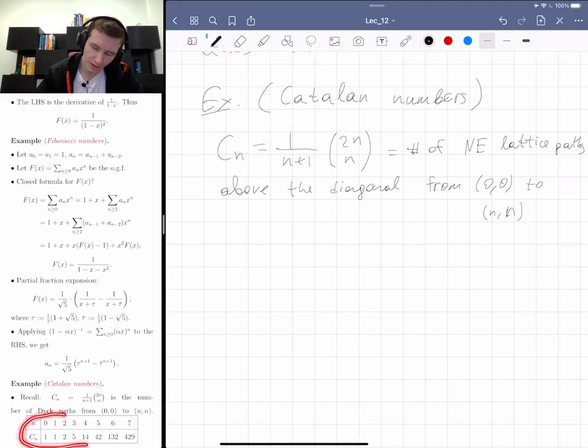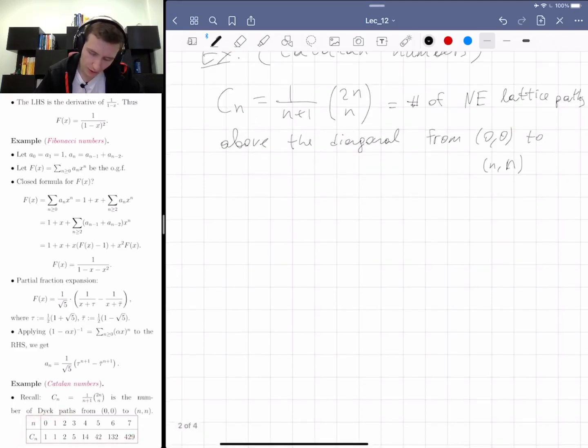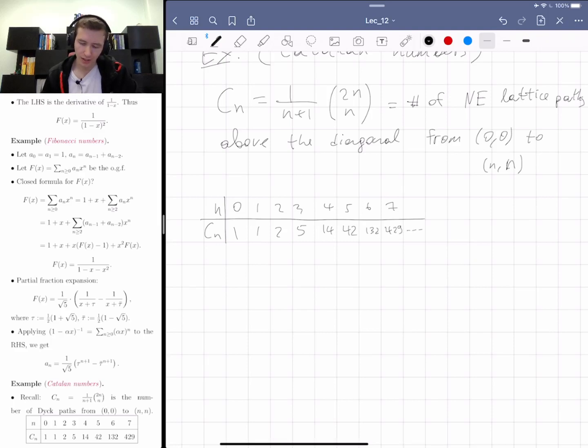Let me write the table down. So n and c_n: n is 0, 1, 2, 3, 4, 5, 6, 7, and c_n is 1, 1, 2, 5, 14, 42, 132, and 429, and so on. Or also the number of triangulations.